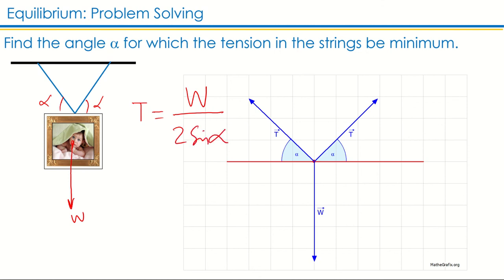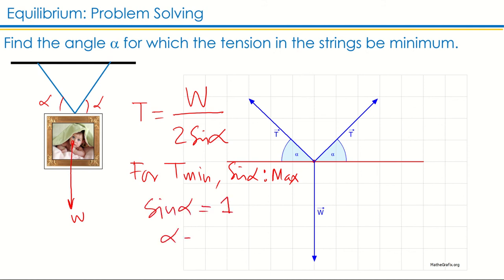You can see the value of T depends upon the sine of alpha, and when sine alpha is maximum, T will be the minimum. So for T minimum, sine alpha should be maximum. Maximum value of the sine is 1. So sine alpha should be 1.